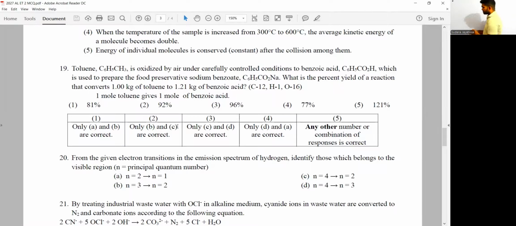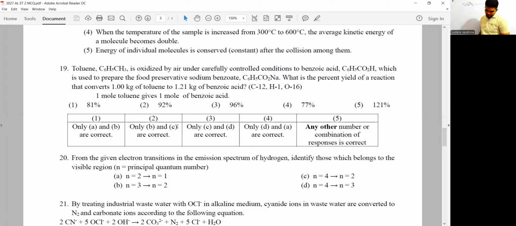Toluene's formula is C6H5CH3, and it is finally converted through benzoic acid. It says 1 kilogram of toluene is used, and you got only 1.21 kilograms.